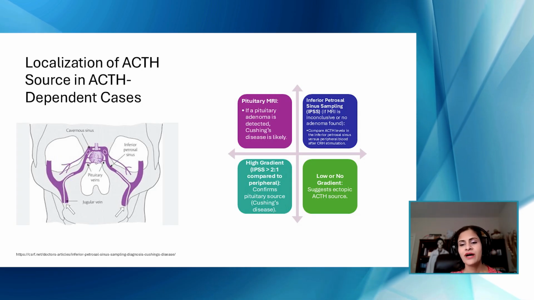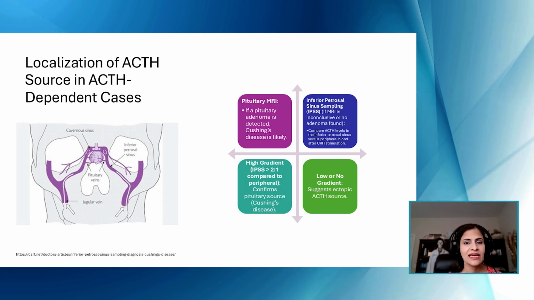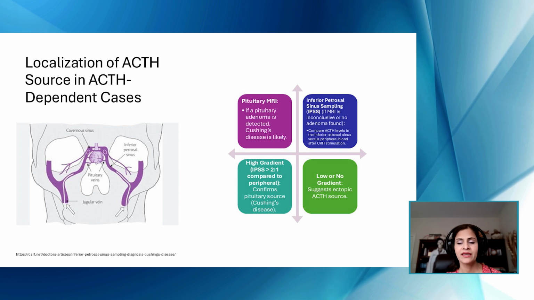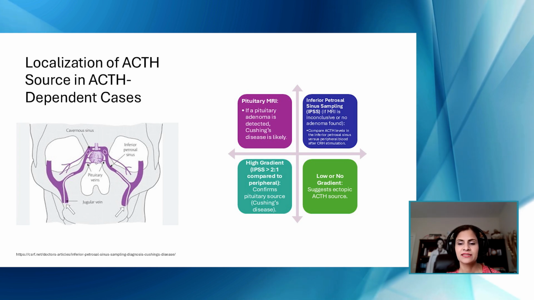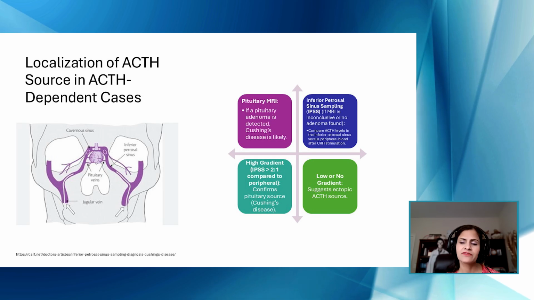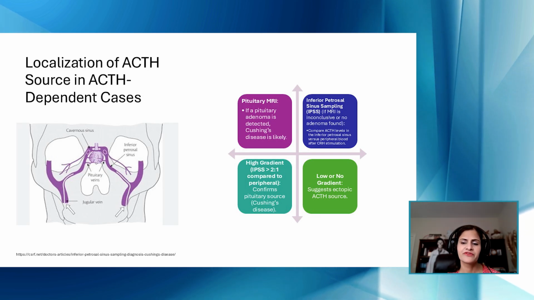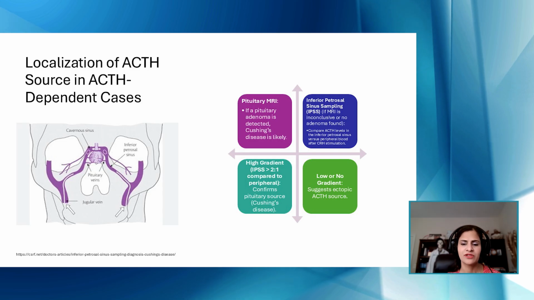If your MRI is inconclusive, and you do not see an adenoma on the MRI, you need to move to IPSS. And the basis of this test really is you compare the ACTH levels in the inferior petrosal sinus versus what's coming out of the peripheral blood after CRH stimulation.